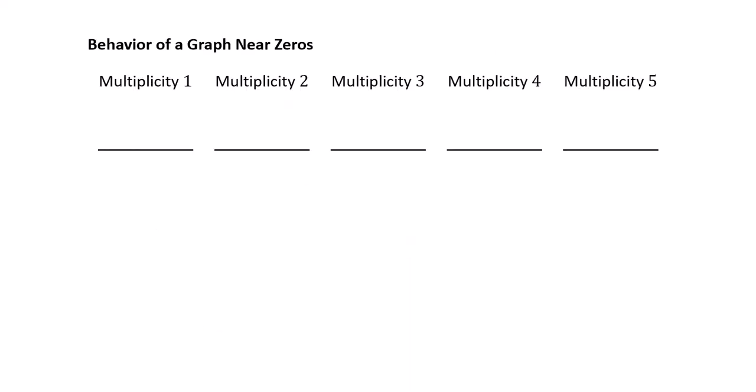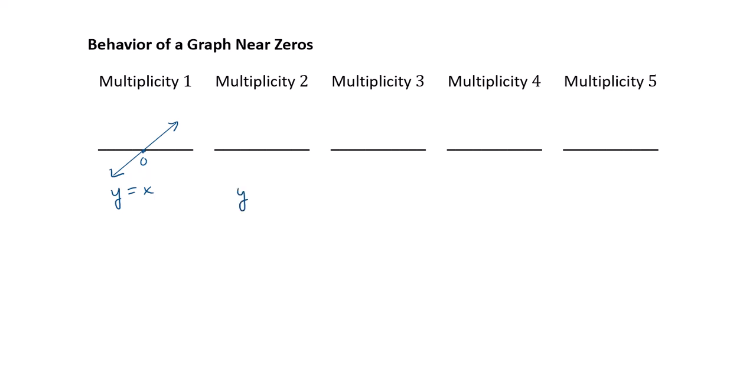Now let's look at the behavior of a graph near zeros. Just a simple power function will suffice in exploring this. If my zero is at 0 for the function y equals x, then the behavior is that we go straight through, right through that zero.